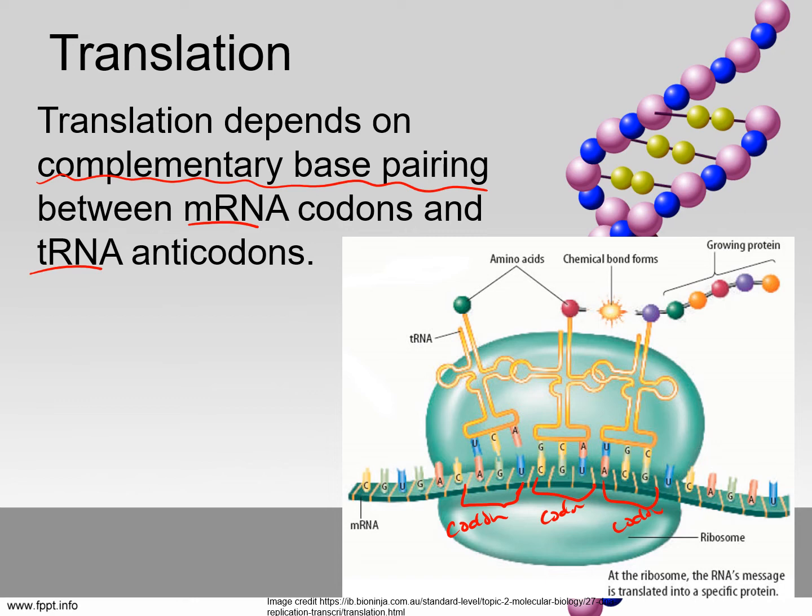On the transfer RNA molecules, we have also triplets, and these are called the anticodons because they're complementary. A to U, C to G, G to C, in all of those pairings. So complementary base pairing between the codons of the messenger RNA and the anticodons of the transfer RNA.